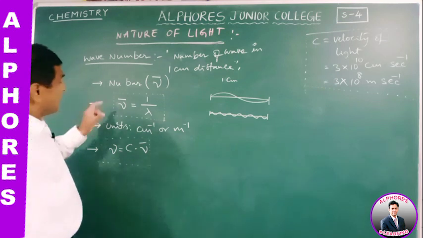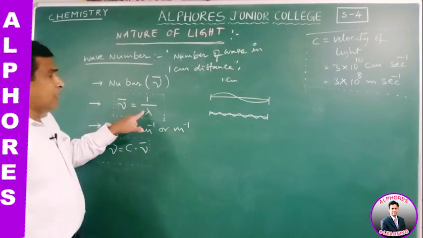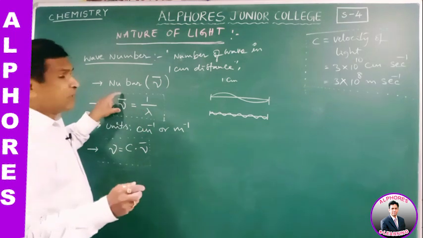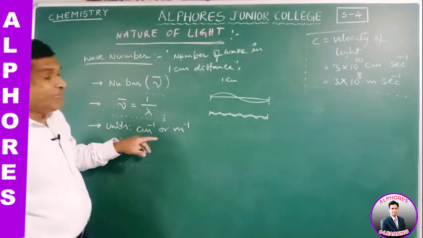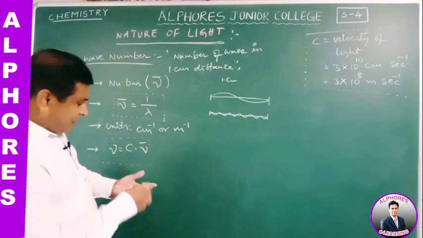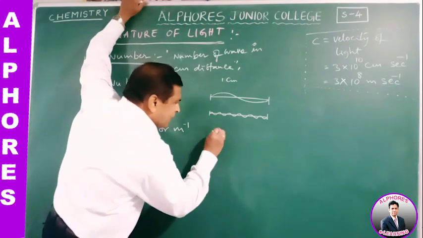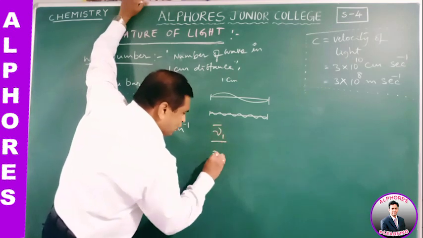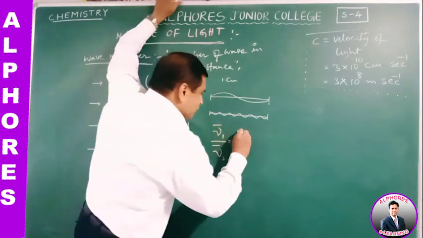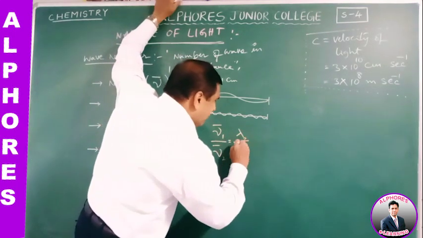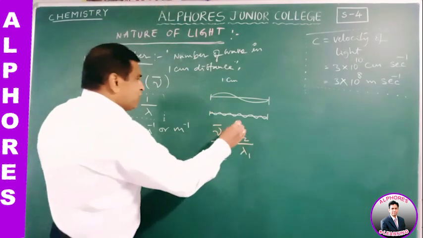From this relation we can understand that the wave numbers of two different lights and their wavelengths are related as nu bar 1 by nu bar 2 is equals to, they are inversely proportional, reciprocal, so therefore it is lambda 2 by lambda 1. That is important from the objective examination point of view. Okay.